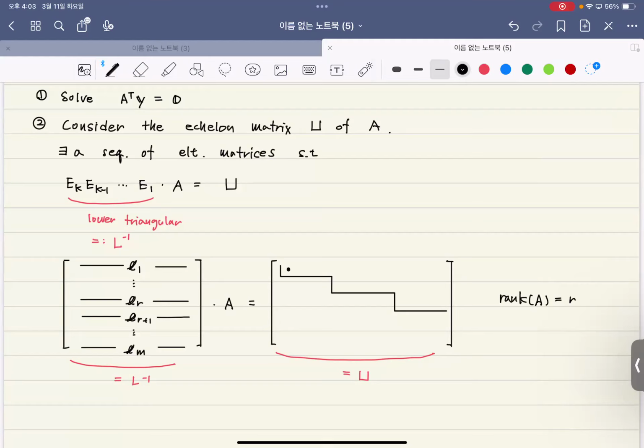So I have precisely r non-zero rows on the right.